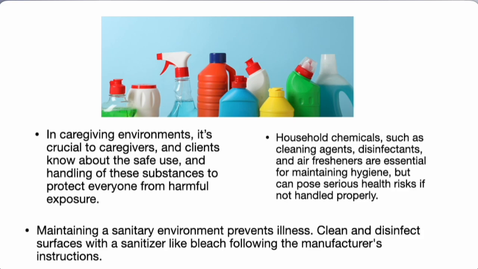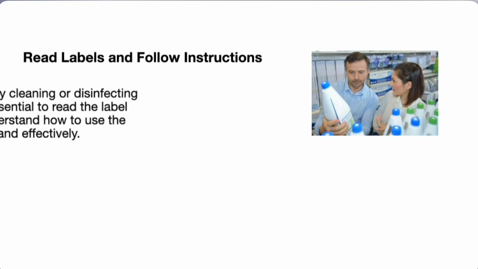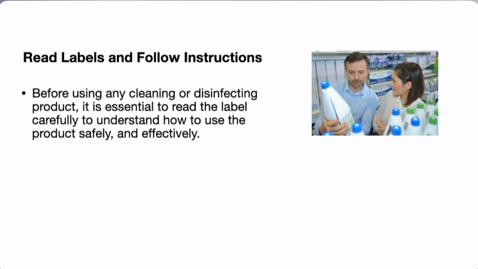Clean and disinfect surfaces with a sanitizer like bleach following the manufacturer's instructions. Read labels and follow instructions. Before using any cleaning or disinfecting product, it is essential to read the label carefully to understand how to use the product safely and effectively.